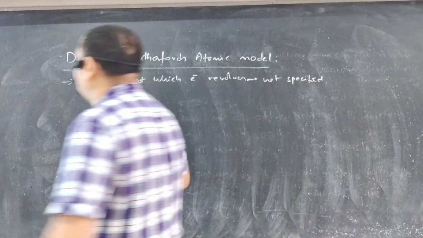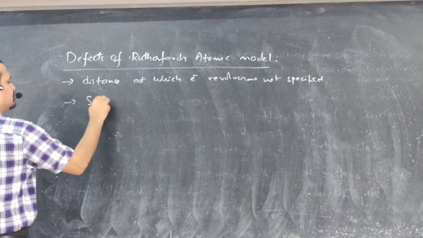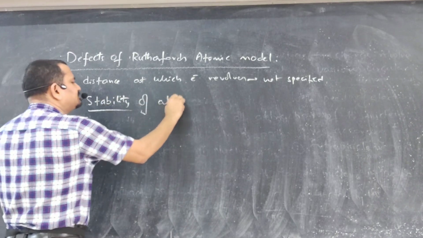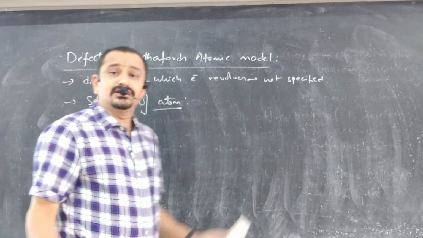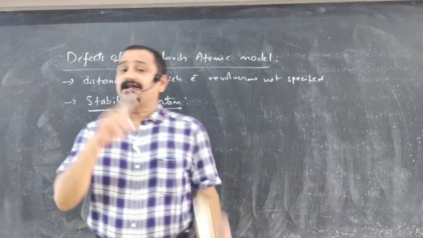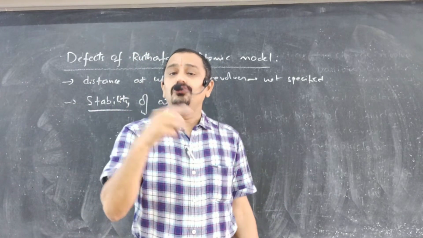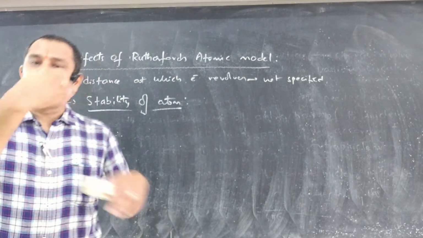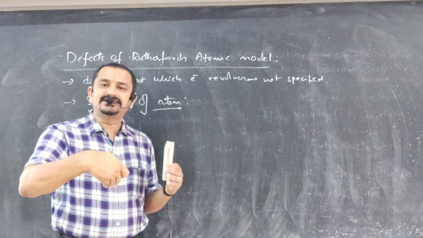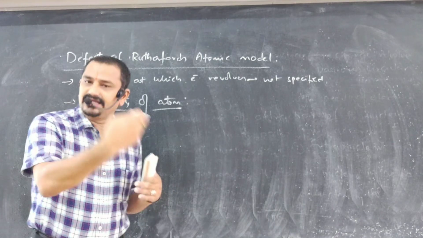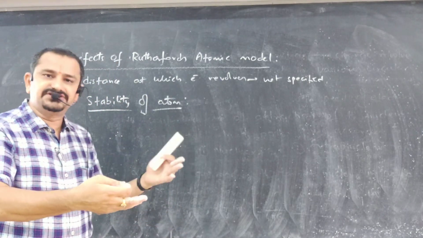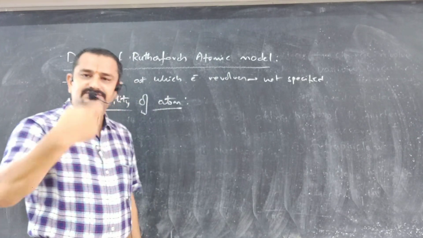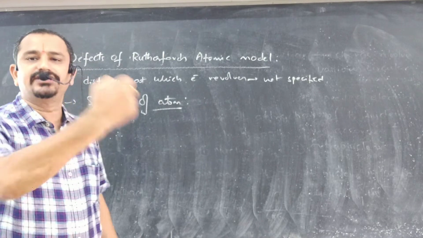Then the next point is that the stability of the atom is not explained. Niels Bohr pointed out that according to the laws of electrodynamics, an electron, a charged particle, should lose energy when it moves continuously in this way. When the electron loses energy while moving around the nucleus, it has to move in a spiral path, and at one moment it should fall into the nucleus.